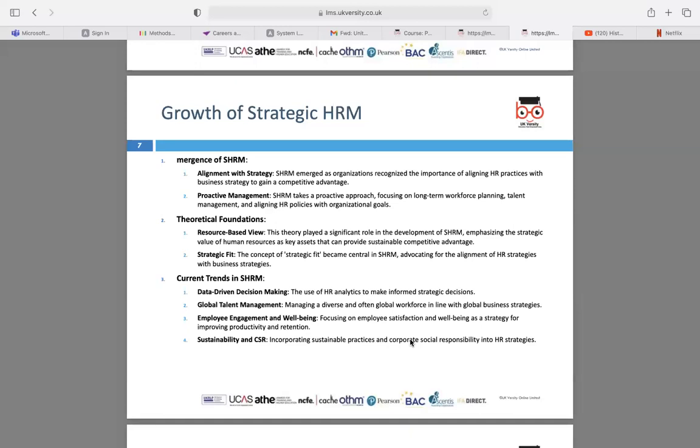Then you have global talent management, which basically means that you are not just managing a specific set of cultural people. Instead, you have a diverse workforce. You have people coming in from different backgrounds and from so many different parts of the world, and your strategies should be in alignment, keeping all of their diverse cultures in mind.